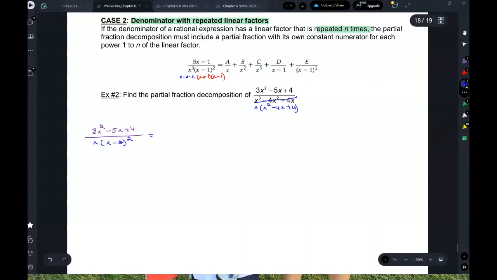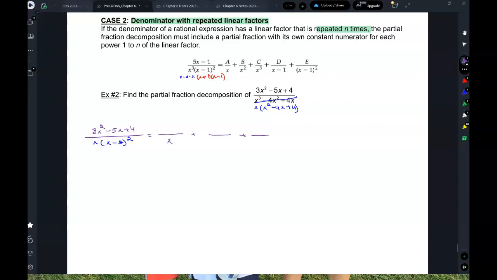So take a look. There are a total of 3 terms underneath: x, x minus 2, x minus 2. So I'm going to have a total of 3 fractions. The first one gets an x, which has a power of 1. That's pretty clear.